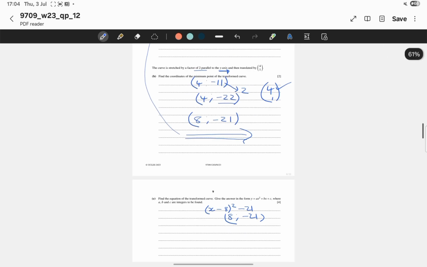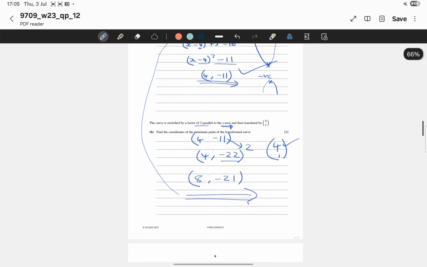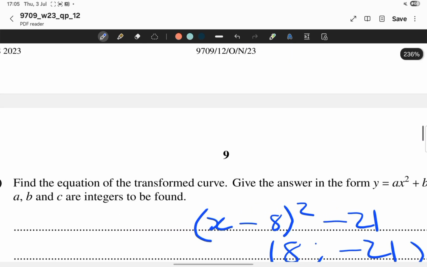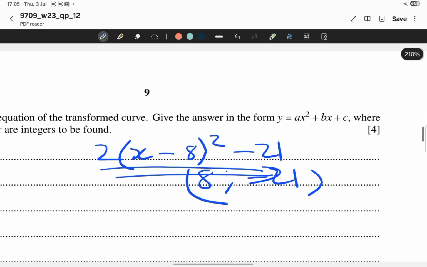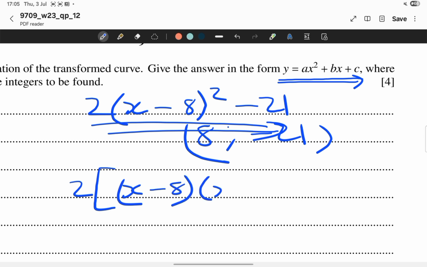But since we know that the original equation was stretched by a factor 2 parallel to the y-axis, there is a 2 here. So this is the equation of the new one, but we need to express it like this, right? So just expanding 2 times x minus 8, x minus 8, minus 21.